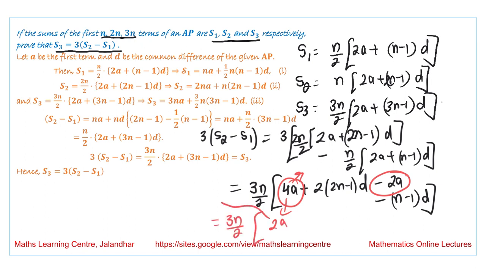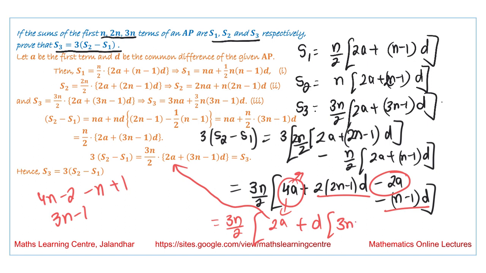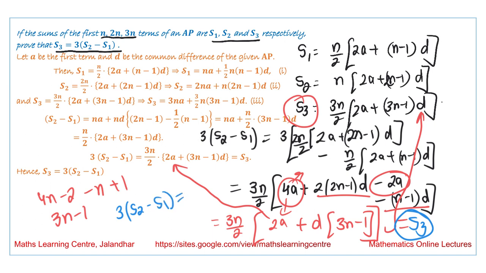We are left with 2a plus, writing d common, (4n minus 2 minus n plus 1), which is 3n minus 1. So it is (3n minus 1)d, and this is equal to S3. So we have proved that 3 times (S2 minus S1) is equal to S3. This is what we had to prove.